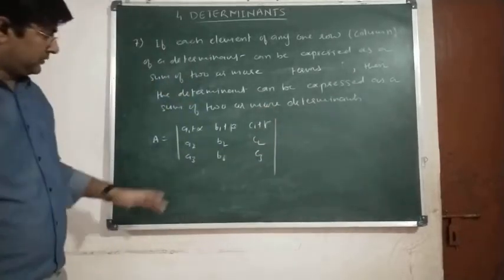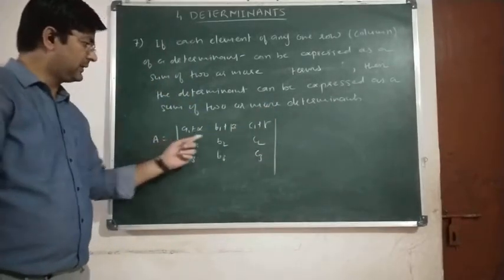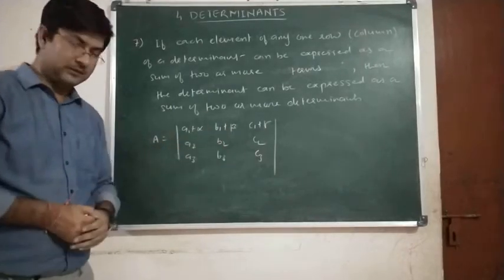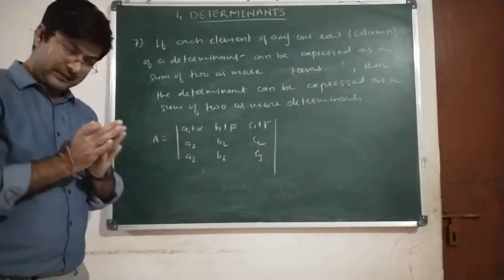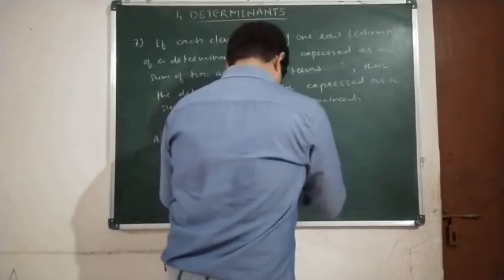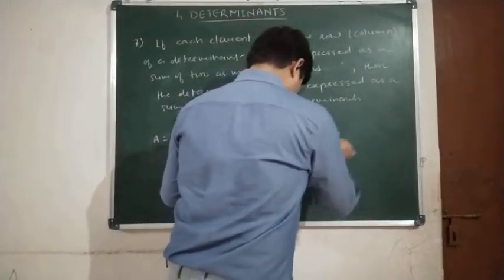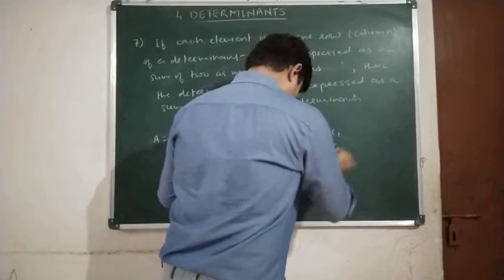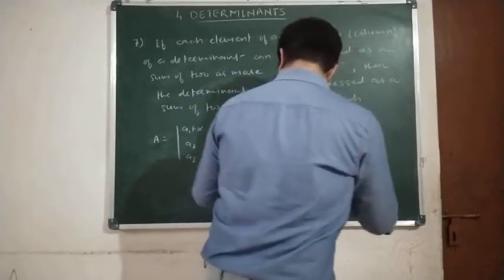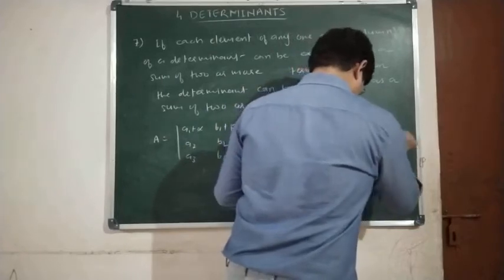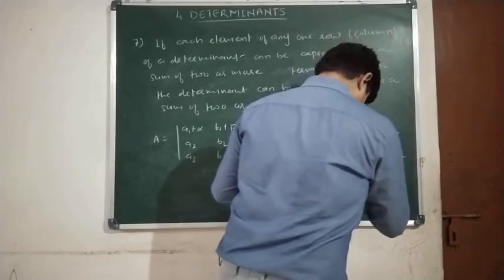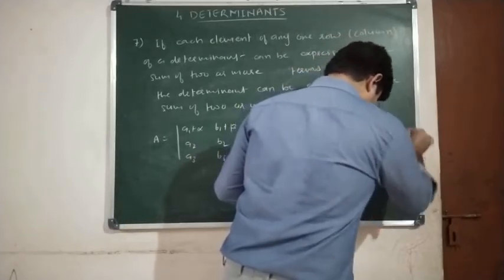Now since each element of the first row is expressed as a sum of two terms, we can split this determinant into two determinants like this. The first one will be a1 b1 c1, a2 b2 c2, a3 b3 c3, and the second one will be alpha beta gamma, a2 b2 c2 and a3 b3 c3. Clear?